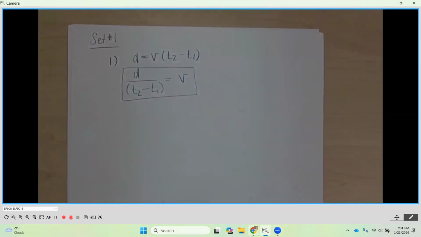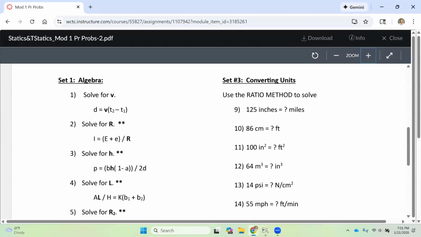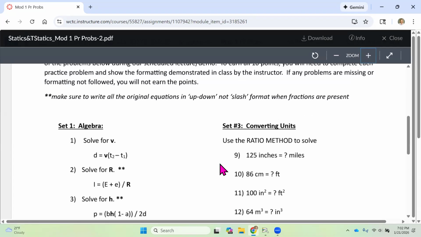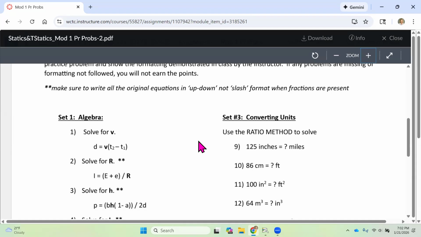All right, then let's look at number 2. We want to solve for R, and it's I is equal to E plus E, uppercase, lowercase, divided by R. Now, this is where that asterisk is. If we go up here a little ways, it says make sure to write all the original equations in the up, down, not slash format.